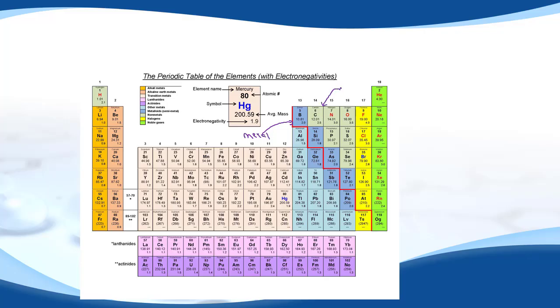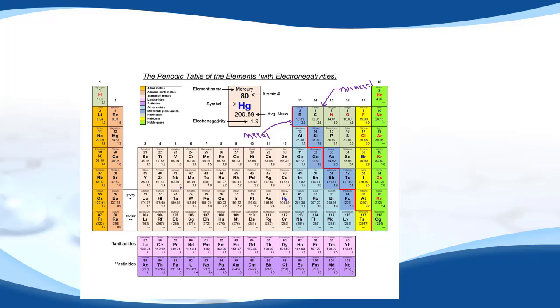Everything to the upper right of that line is a nonmetal. And the elements that border, right? So the elements boron, silicon, germanium, etc., the ones here in the darker blue color, those are what are called metalloids, right? Because they border the difference between metal and nonmetal.